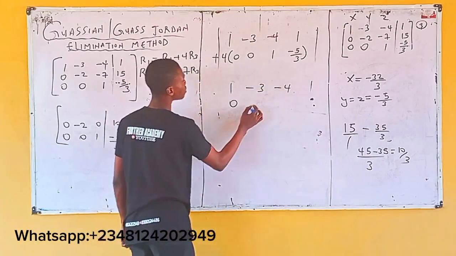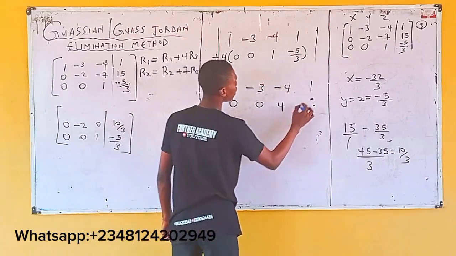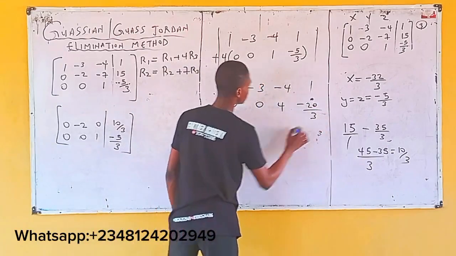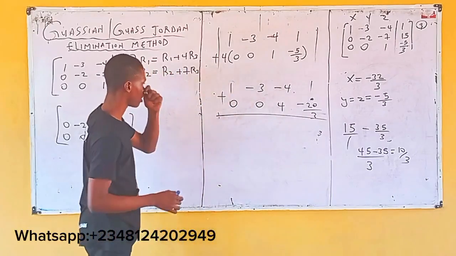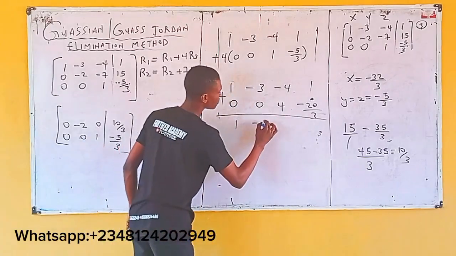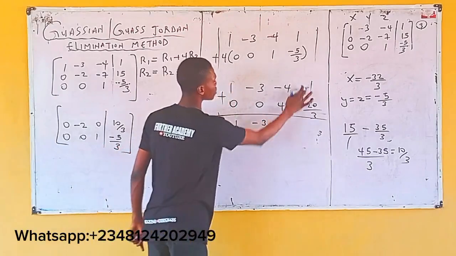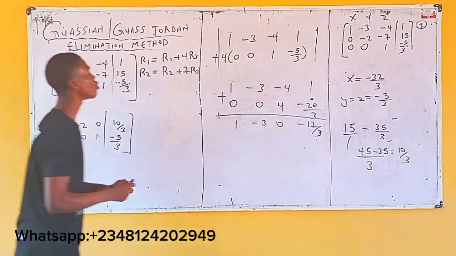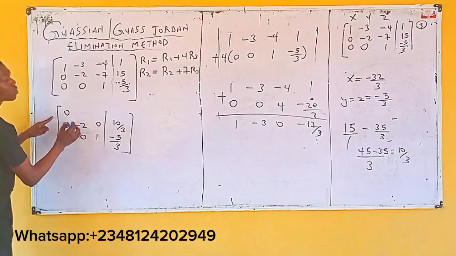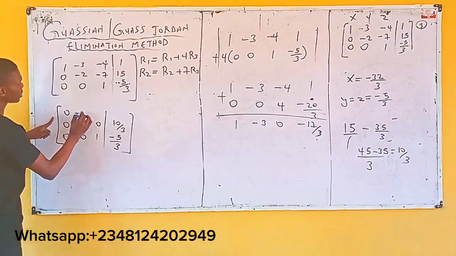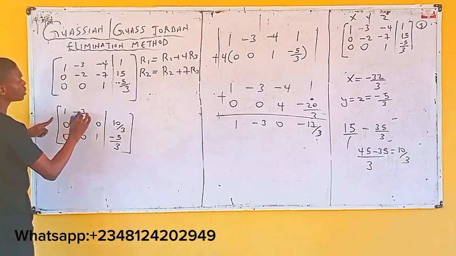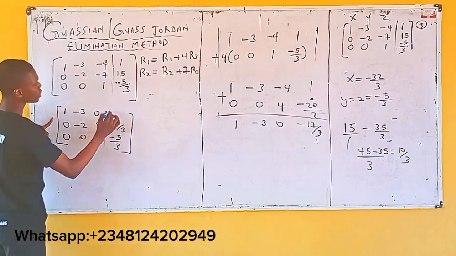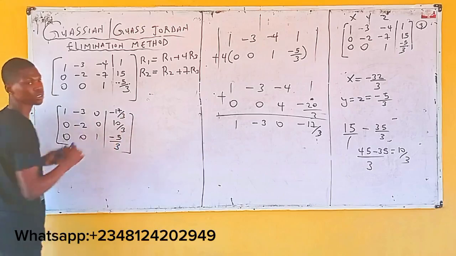Open up: 0, 0, 4, negative 20 over 3. This is what? 1, negative 3, 0. This is 17 over 3. Meaning my row 1, I have 1, negative 3, 0, negative 17 over 3.